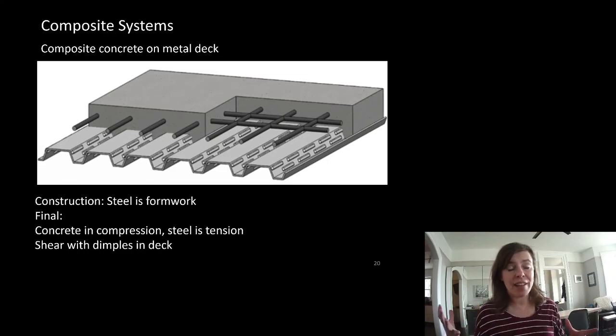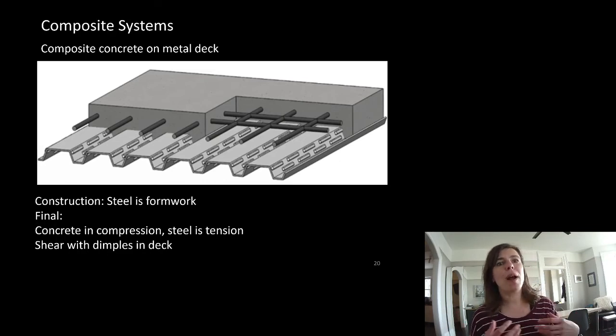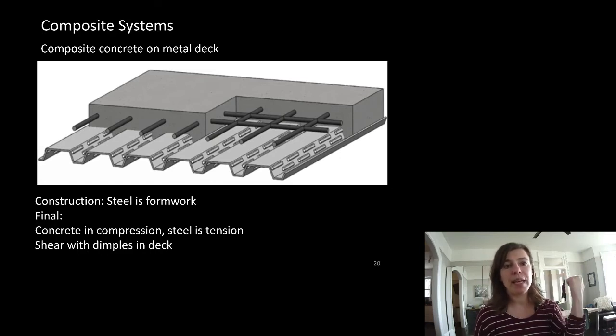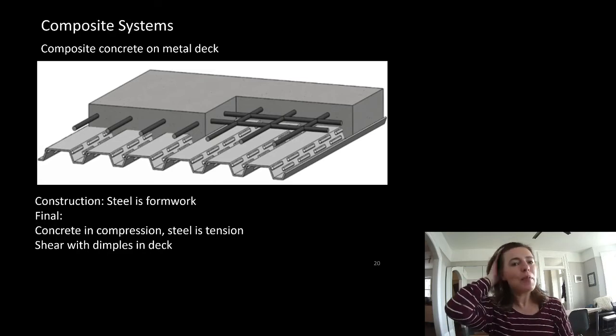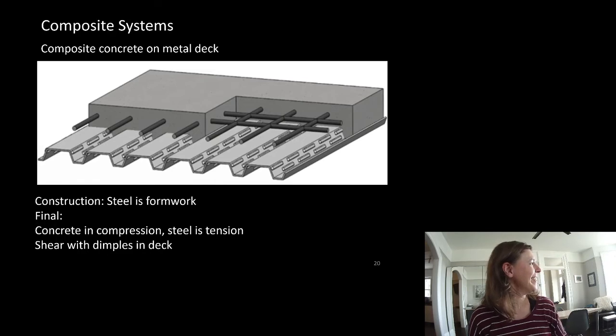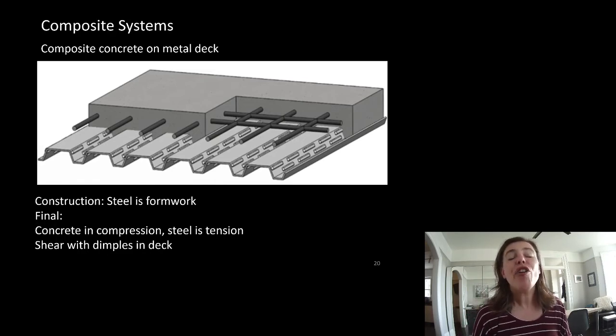Remember that E value change, or our I increases more drastically by making it composite, which means we can get a better buckling result. So that's way beyond what we're talking about in this class, but we got the peanut gallery over here lobbing balls at me, trying to hit them out of the park. It could help with a column if we were worried about buckling.